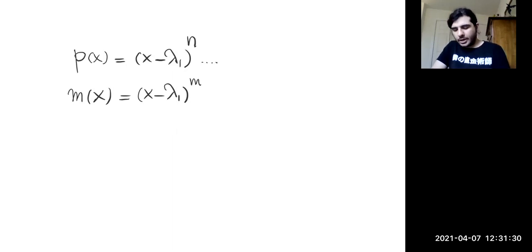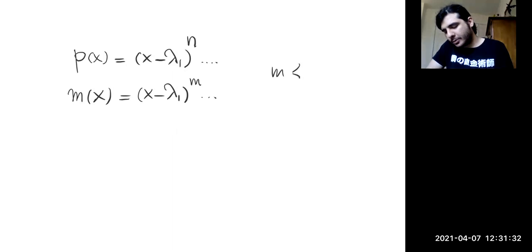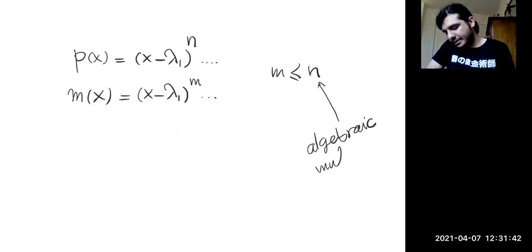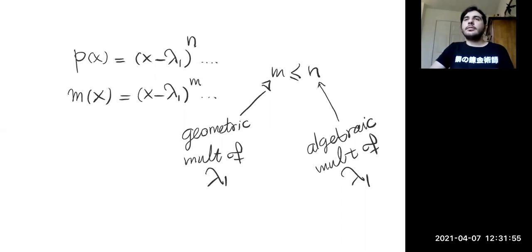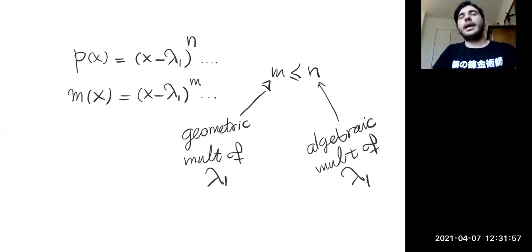Okay, and we know m is less or equal than n. This number n here is called the algebraic multiplicity of lambda 1. This is called the geometric multiplicity of lambda 1. Okay, so here we have two numbers, n and m.